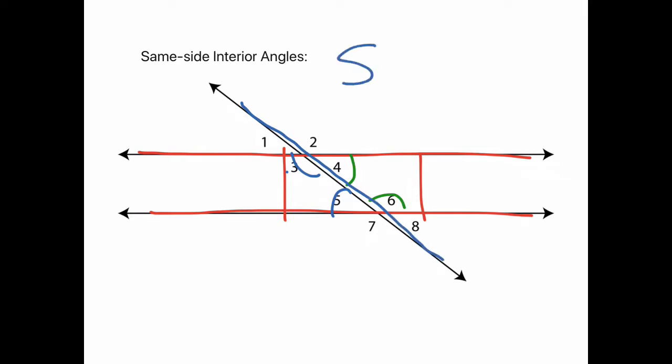So whenever we have same side, we always have supplementary. That's what our postulate's going to tell us. Same sides are supplementary. Corresponding are congruent, alternates are congruent, same side supplementary. And remember that supplementary means adds up to 180 degrees. So angle 3 plus angle 5 would equal 180, and angle 4 plus angle 6 would equal 180.